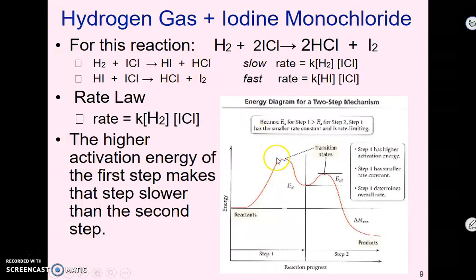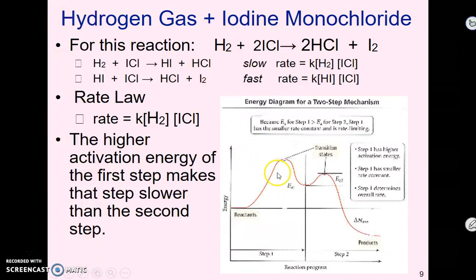And that is at the top of the hump. Same thing for this transition state. At this hump of the reaction, that is the transition between HI and ICl becoming HCl and I2. So bonds are beginning to break and beginning to form at the transition state. And remember, we have the intermediate of the reaction, which in this case is HI.